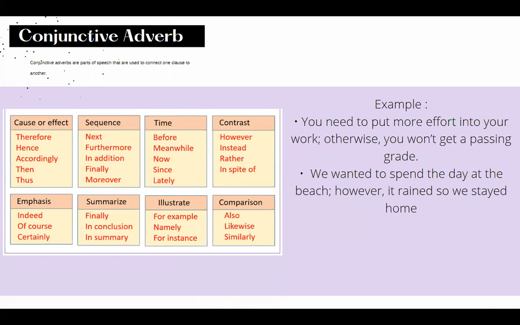They are also used to show sequence, contrast, cause and effect, and other relationships. Types include: cause or effect, therefore, hence, accordingly, then, thus; sequence, next, furthermore; time, before and meanwhile; contrast, however, instead; emphasis, indeed, of course; summarize, finally, in conclusion; illustrate, for example, namely; and comparison, also, likewise.